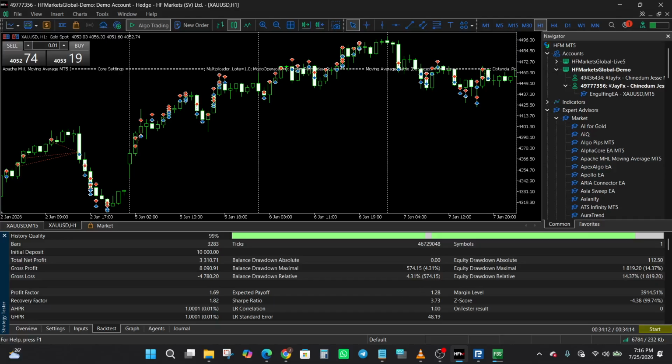As with any grid or martingale based system, I'm going to recommend paying close attention to the maximum martingale steps and lot multiplier that you configure, running your own extended testing across different periods and forward testing on demo before committing real capital.